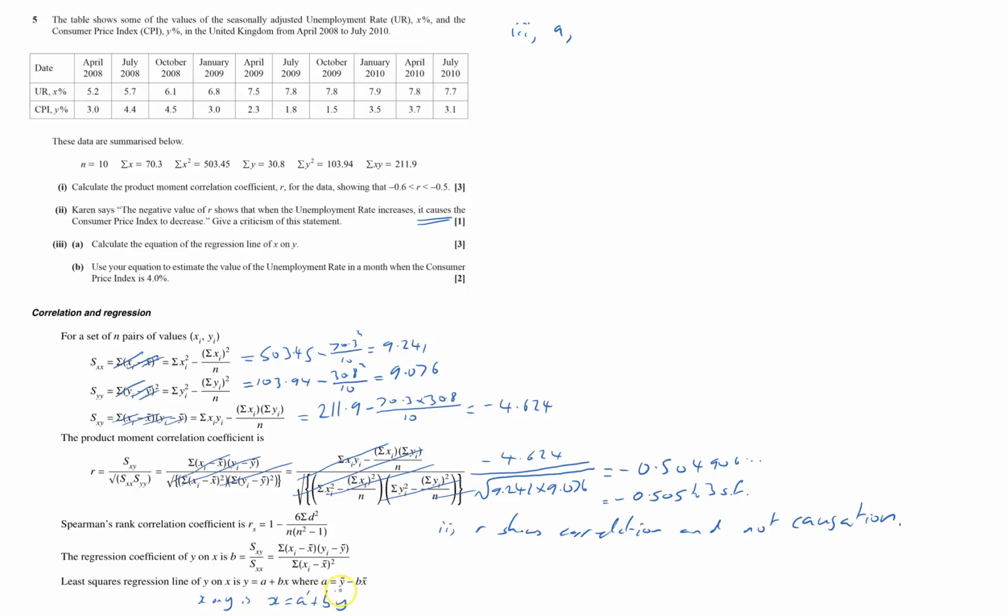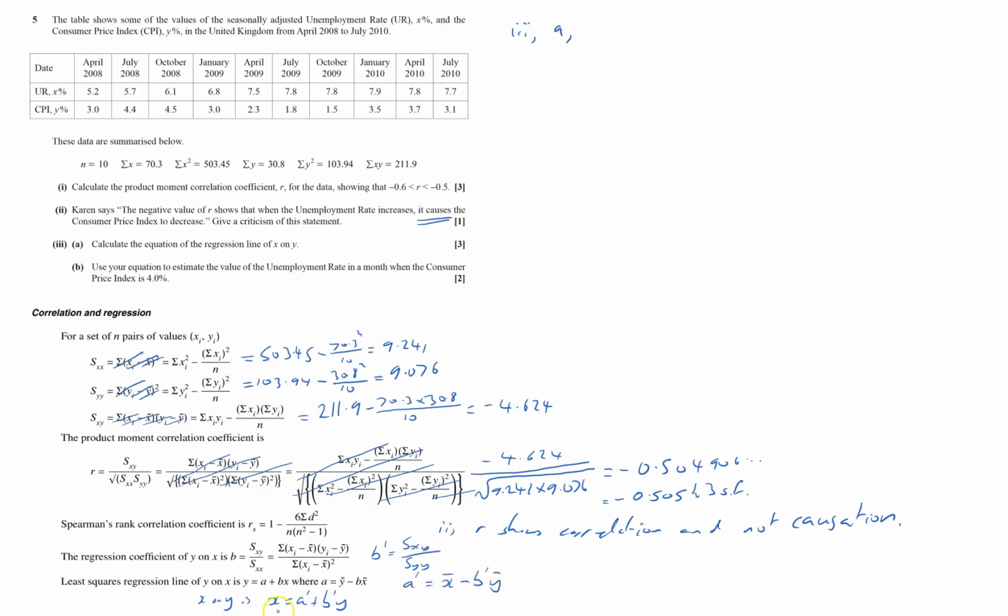I suppose very often you put a dash in there, so it's a different a and b, where a dash now equals x bar minus b y bar, and the regression coefficient, my new b, is going to be sxy, which is the same as syx, over sxx. I have to replace the x's with y's, so syy. And so it goes, that's everything we've got.